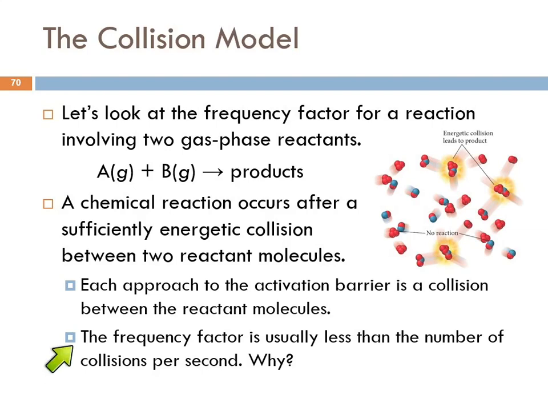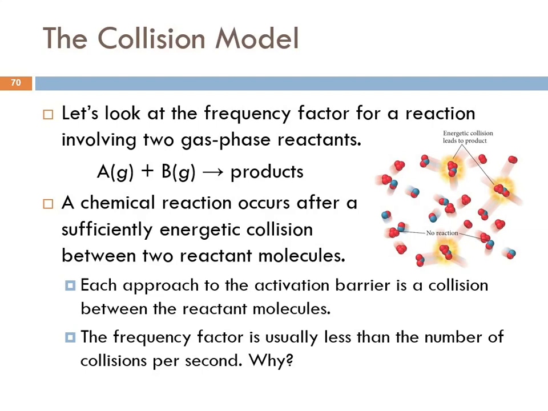Now, in practice, though, the frequency factor is usually less than the actual number of collisions per second. Any ideas why? Because not every collision makes a reaction. So the frequency factor would be really less, because some of the collisions per second get packed into the frequency factor.